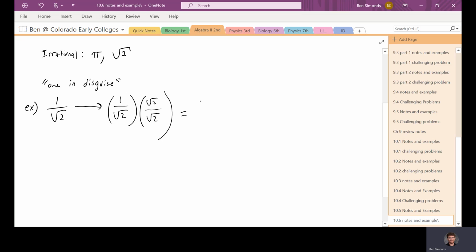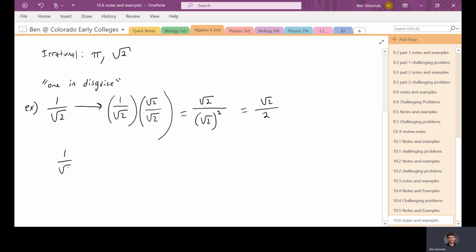So on top, we get 1 times the square root of 2, which is just the square root of 2. On the bottom, we get the square root of 2 times the square root of 2, or the square root of 2 squared. And just like we saw yesterday, when we have a square root and a square, they cancel out. So the square root of 2 squared will just leave us with a regular 2 on the bottom.